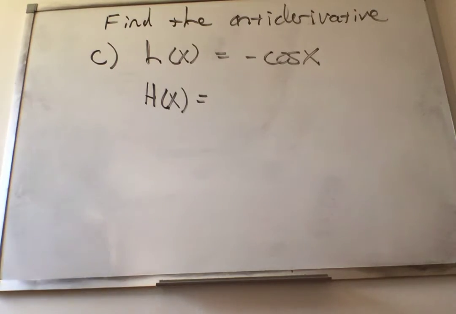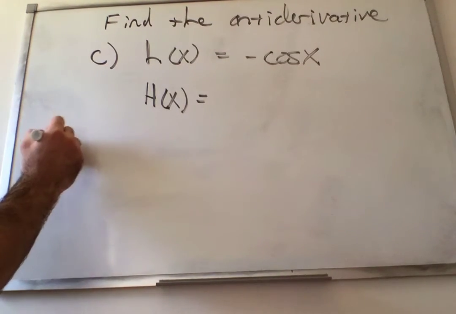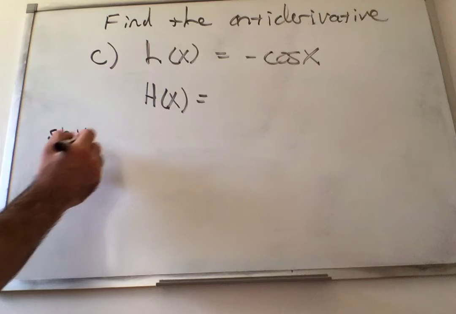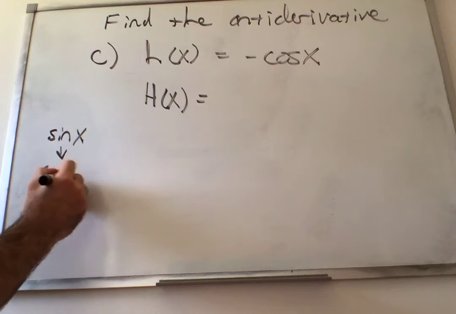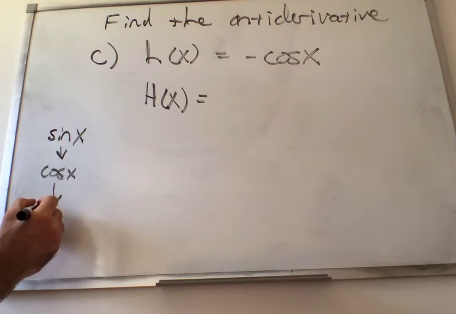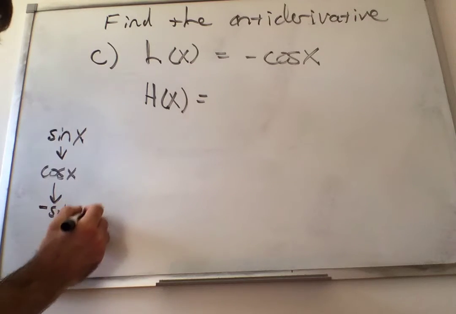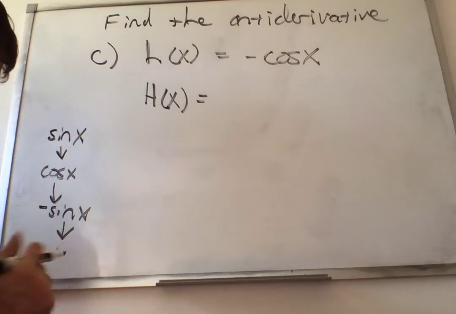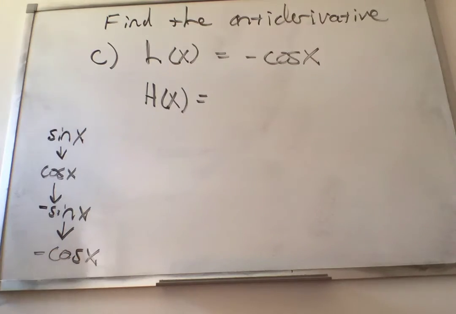Okay? So if you recall, sine of x, if we took the derivative of sine of x, we got cosine of x. If we took the derivative of cosine of x, we got negative sine of x. And if we took the derivative of negative sine of x, we got negative cosine of x. So this was doing derivatives.